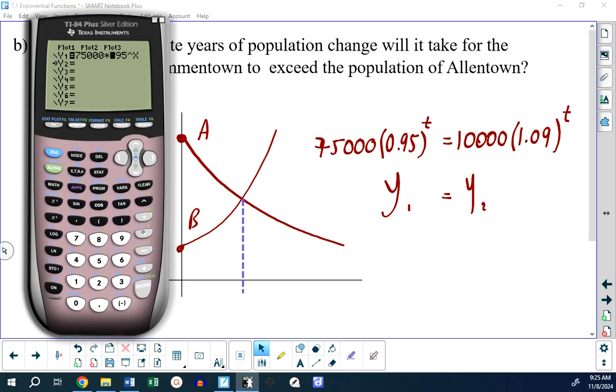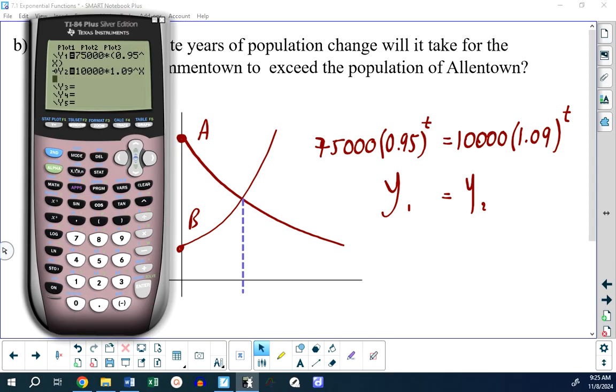You should know this does not mean take 75,000 times 0.95 and then raise it to the x. Okay? It means, and I will put it in here just for your gratification if you like, that, right? But you don't need those brackets. And then I also want to put in 10,000 times 1.09 raised to the x.